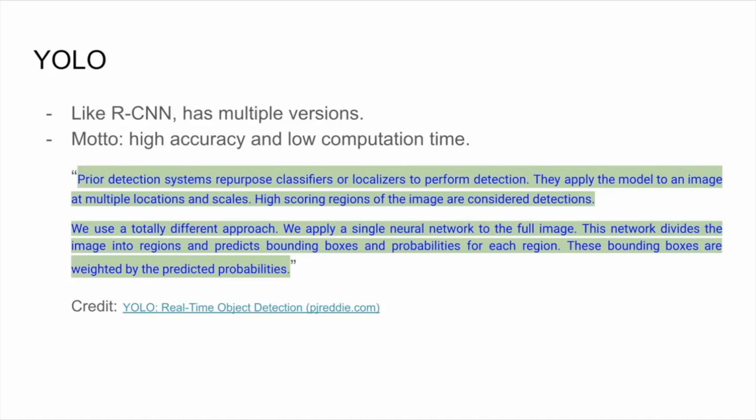The network divides the image into regions, and then predicts bounding boxes and probabilities for each region. The bounding box and the probability are a joint loss where both are minimized at the same time.